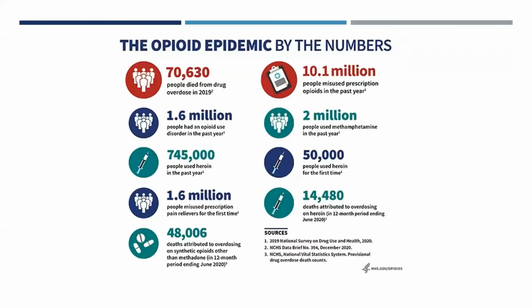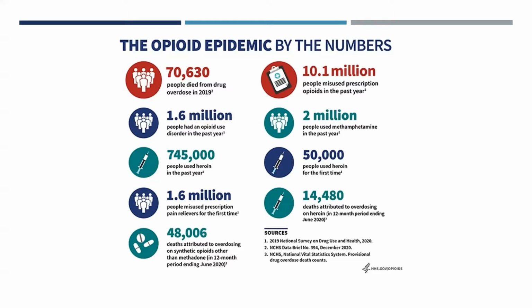Here's another graphic from the Health and Human Services, and it's just an opioid epidemic by the numbers from the United States. So as we can see, even in 2019, we're seeing about 70,000 people die of a drug overdose, and about 48,000 of those people died due to overdosing on a synthetic opioid.